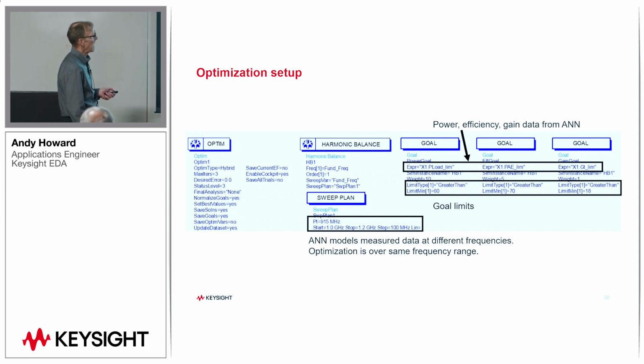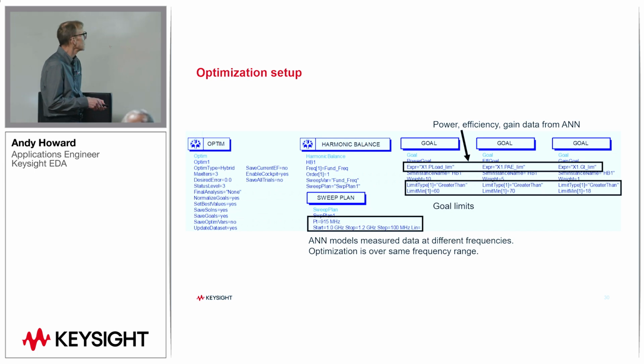And we have target values that we're trying to hit. We're also going to run this simulation across a range of frequencies because the original measured data had data in this frequency range, although you could optimize in between these points as well.